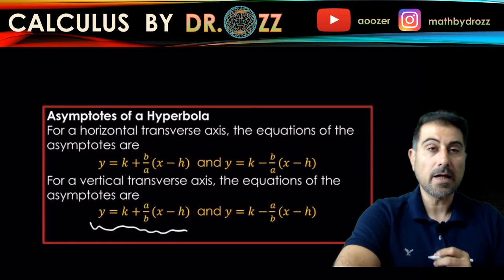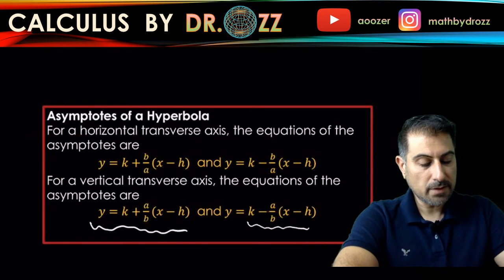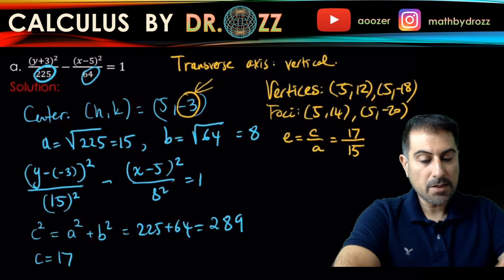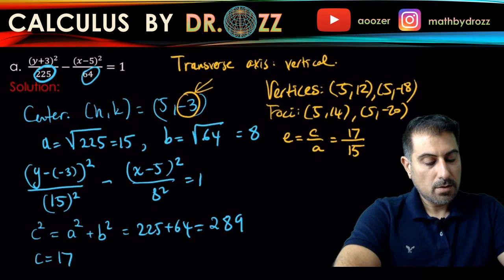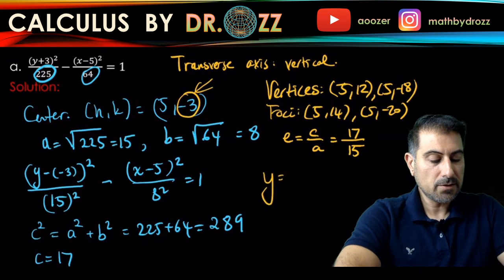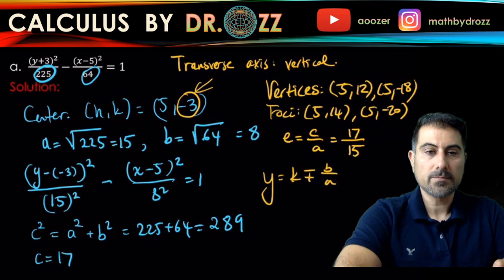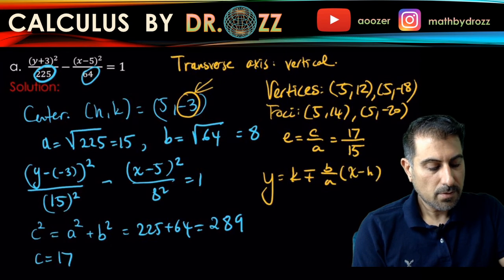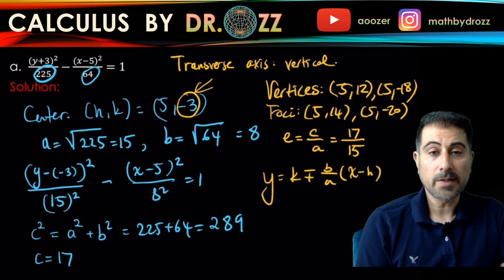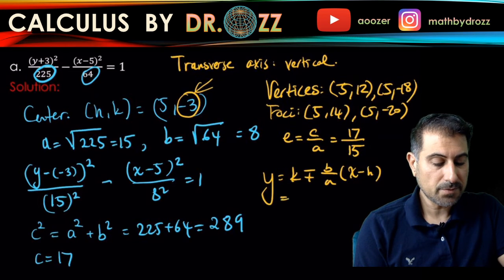So let's go ahead and write down the equations of the asymptotes. Y equals k plus or minus, let me just write it first, x minus h. In fact, that includes both of them, right? It's plus minus.